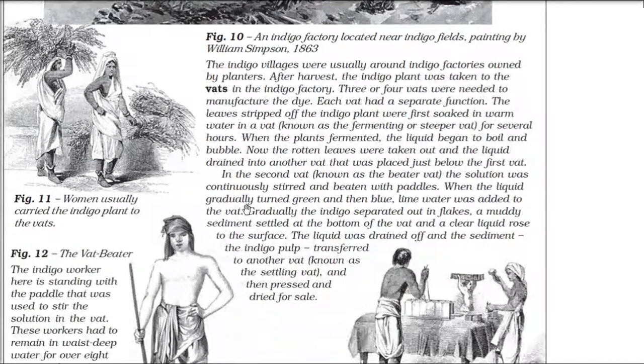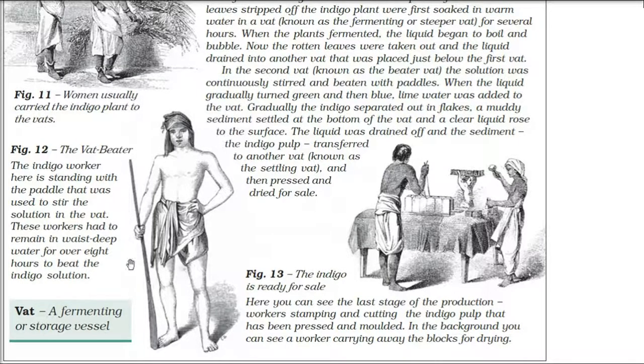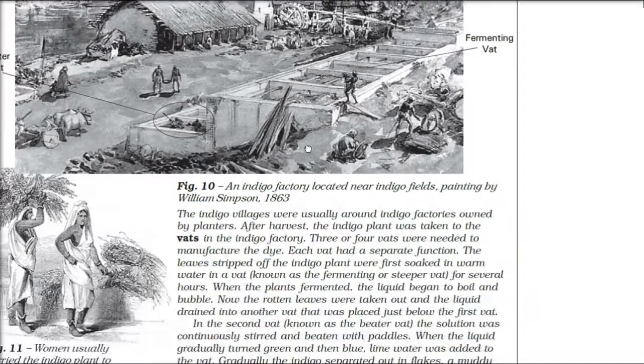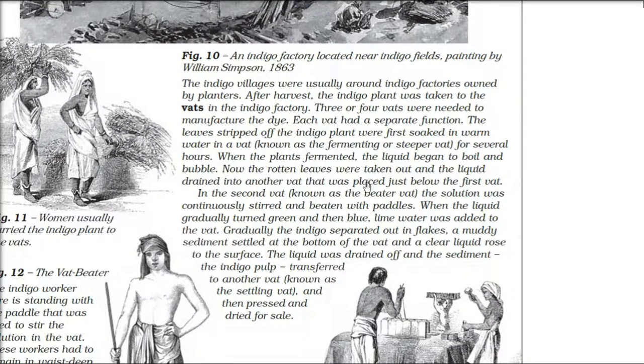Once this is done, you see this is a man. It's being shown that he has to work more than 8 hours. He is just beating through this vat beater, and once they are beating, the water becomes first green and then blue. Finally, they will put some lime water.